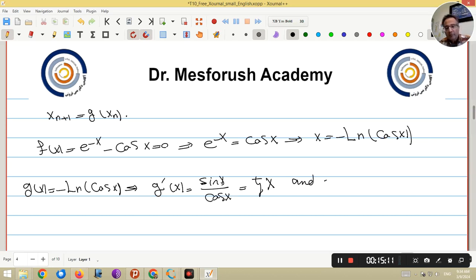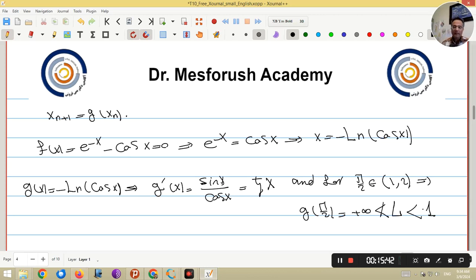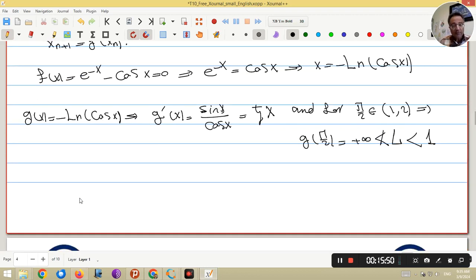And for pi over 2, which is in 1 and 2, we get g prime of pi over 2 equal to infinity, and this is not less than L less than 1. So this g of x is not okay. But we have another one.